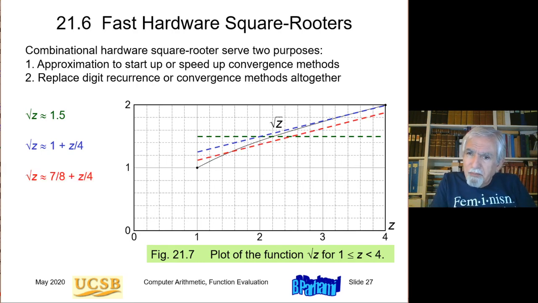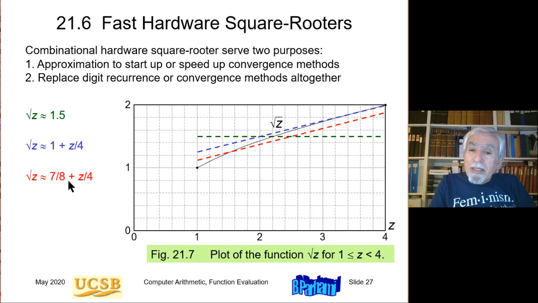Again, we can do better. This red dashed line is a better approximation. Notice that the error is cut in half again at the lower end, but we also have error at the upper end, of the same magnitude. So the maximum error is now 1/8 or 2 to the minus 3.